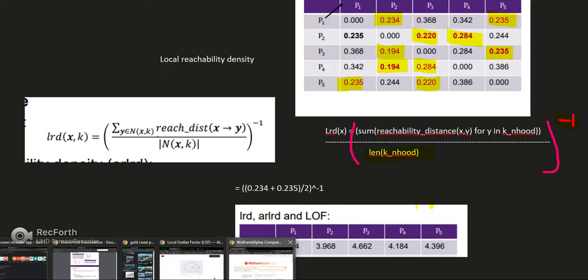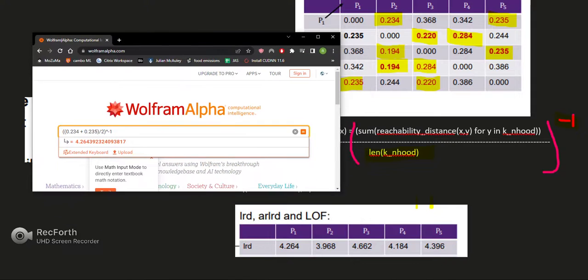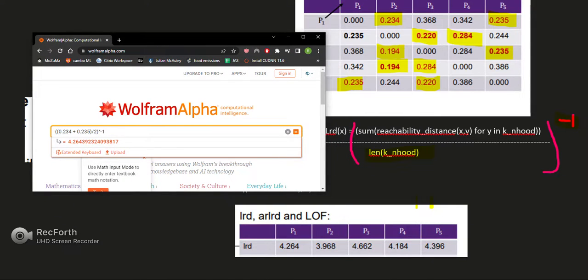Let me copy this into our good friend Wolfram Alpha. 4.2643, and there we go. So now you can go through each of these.